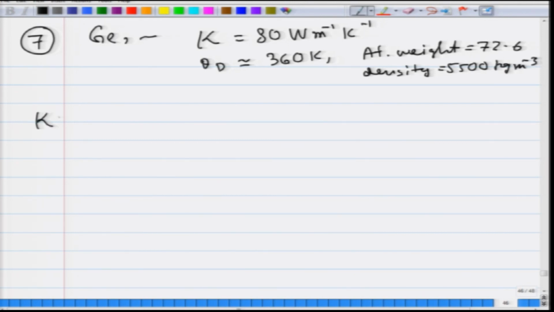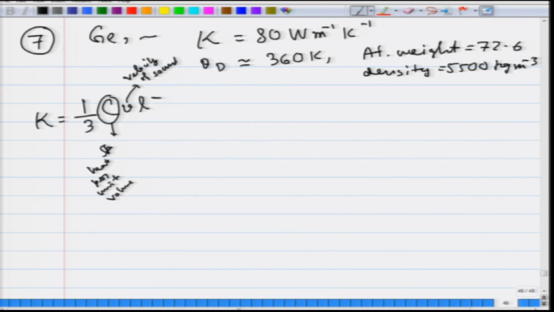So we know that K equals 1/3 C V L. Here C is the specific heat per unit volume, V will be the velocity of sound, and L is the mean free path, which we have to calculate.